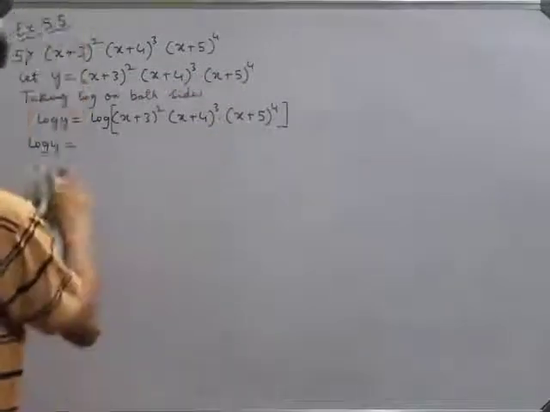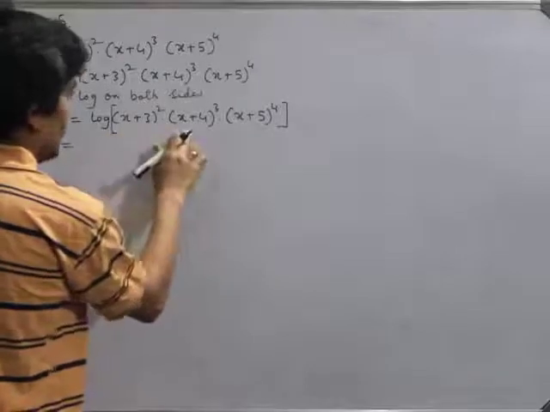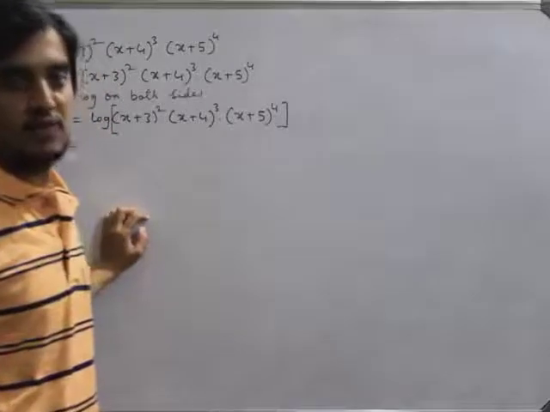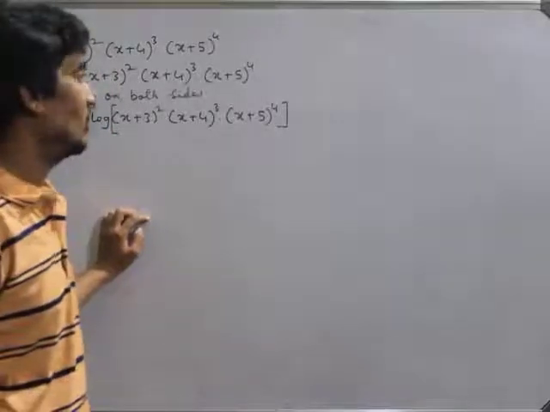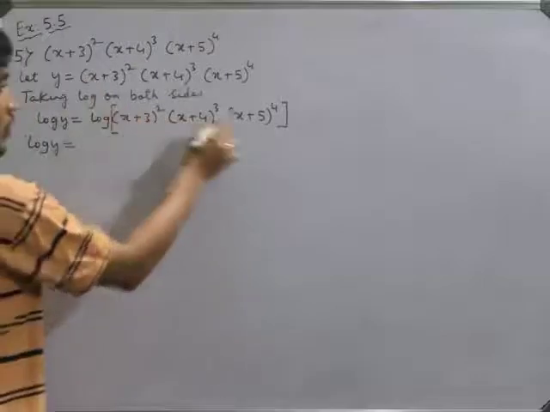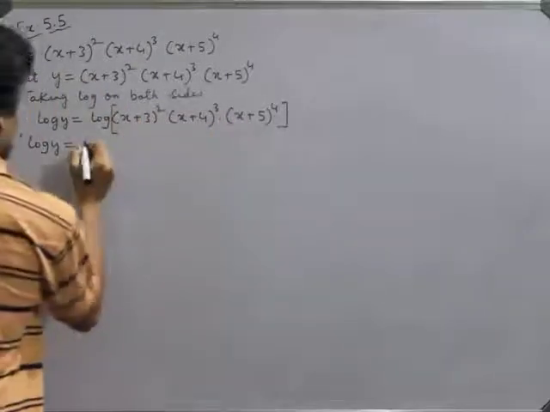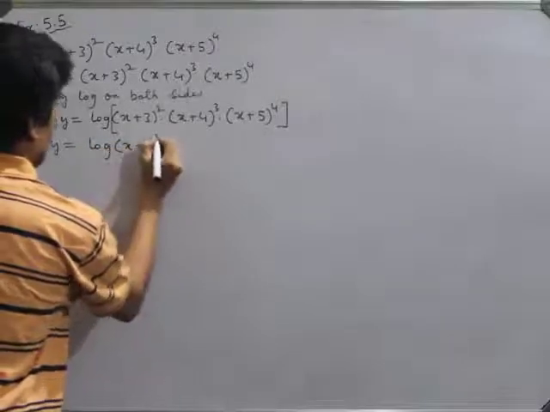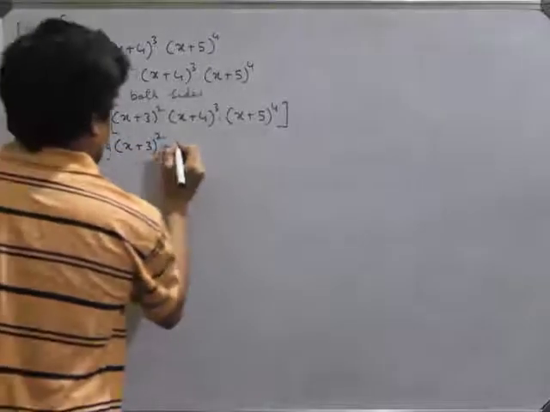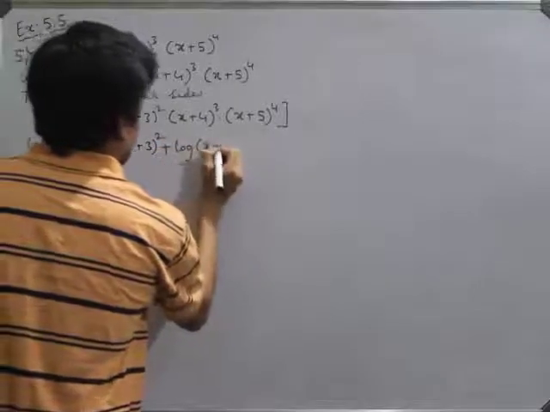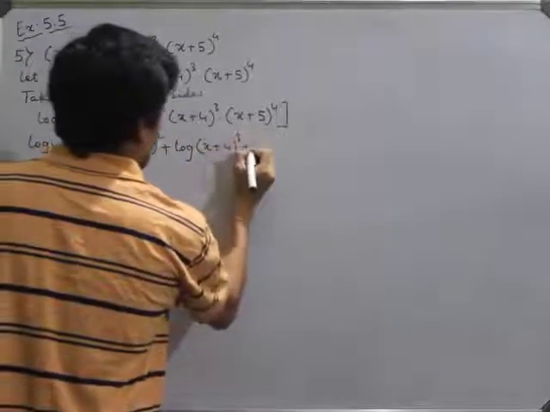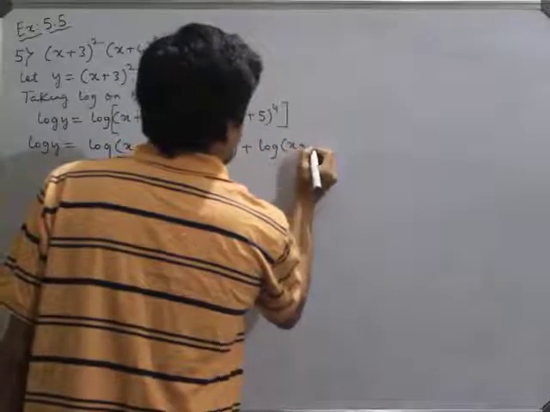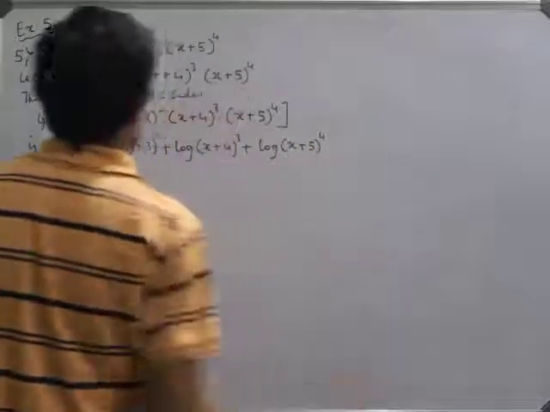So log y is equal to log mn. If it is log mn, it can be written as log m plus log n, that is the first law of logarithm. So according to the first law of logarithm, I will write it like this: log x plus 3 whole square plus log x plus 4 whole cube plus log x plus 5 to the power of 4.